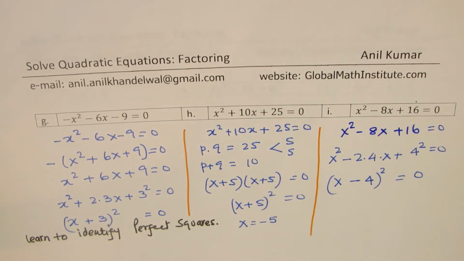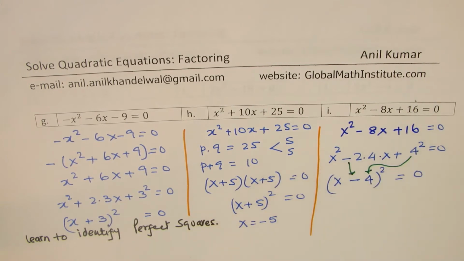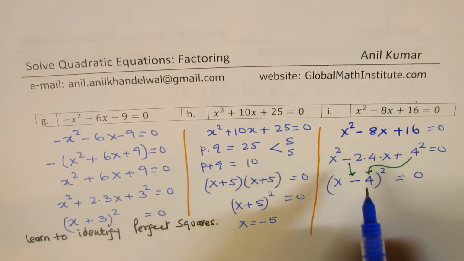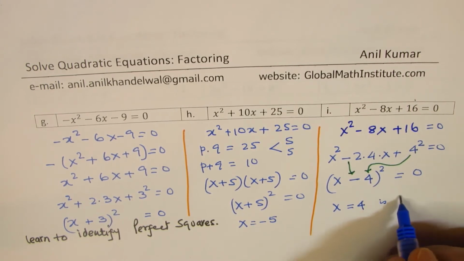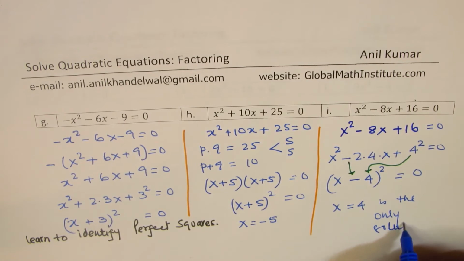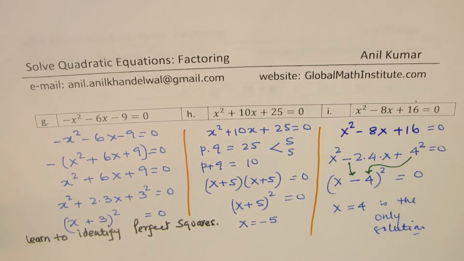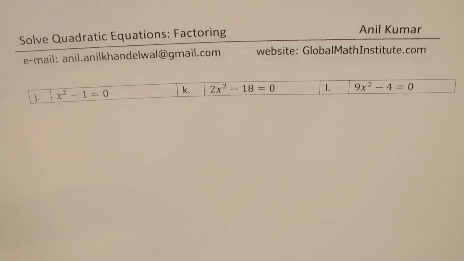Perfect. So you take minus from here and 4 from this side, and that way you actually save some time, right? So x equals to 4 is the only solution. Is that clear to you, right? So identifying perfect square is also important in solving such equations.